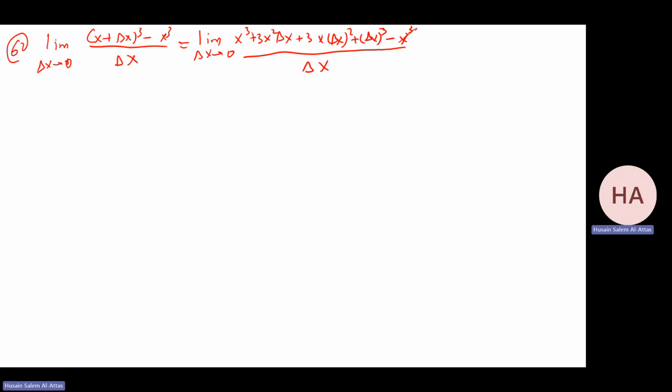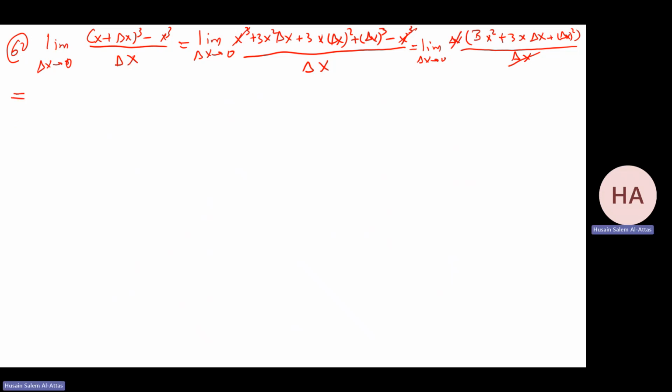So this cancels with this. I can take delta x as a common factor. What's the remaining? The remaining is 3x squared plus 3x delta x plus delta x squared over delta x. Now I can cancel this.